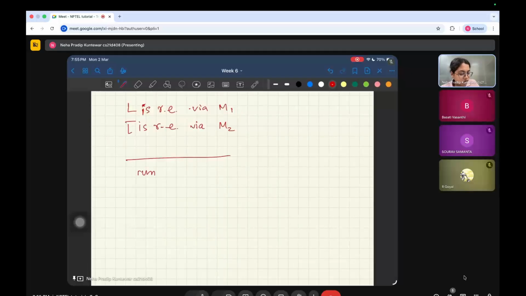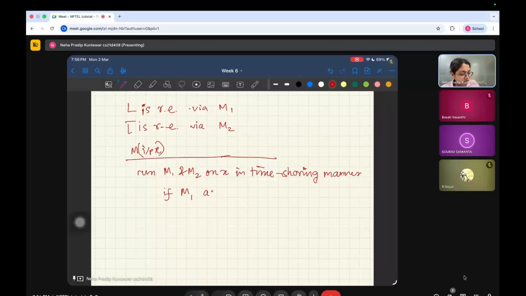You run M1 and M2 in time sharing manner. Time sharing manner means what?